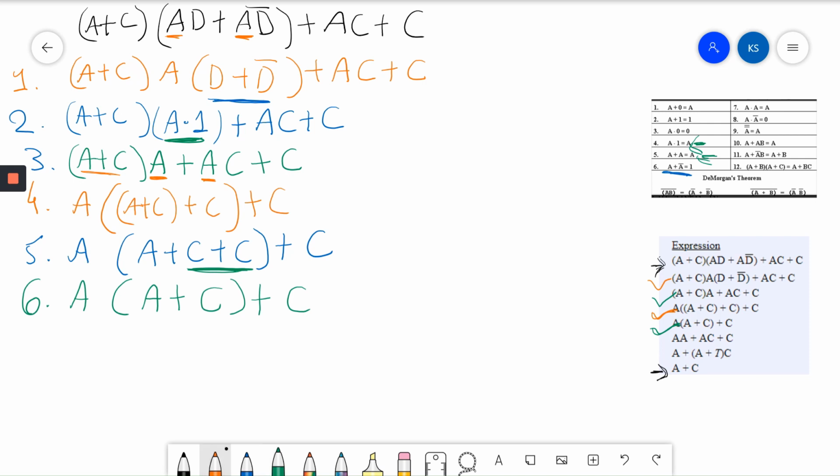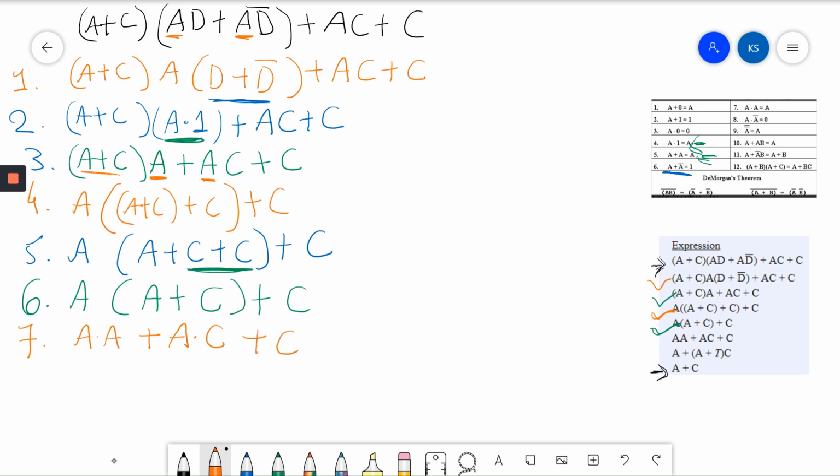Fine. Now seventh step. In the seventh step, what we are going to do is multiply these variables with the bracket variables. So a dot a, right, plus a dot c, then plus c.